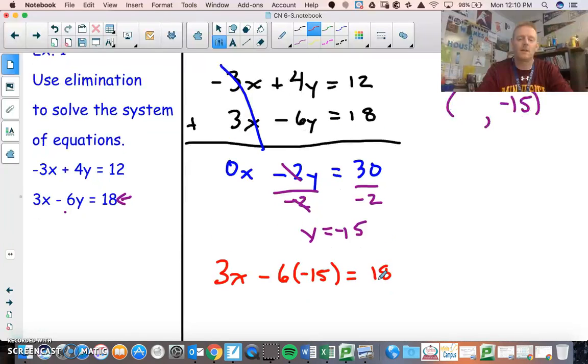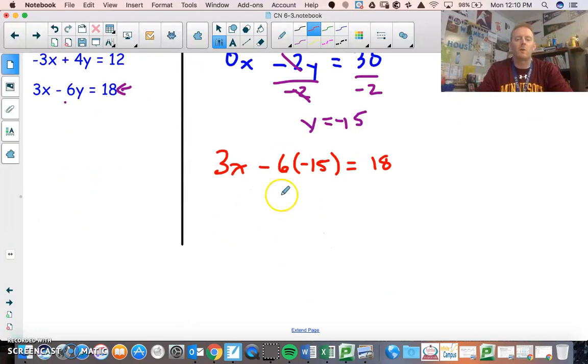A negative 6 times a negative 15, I get my trusty calculator ready because I want to double check. It's basically 6 times 15, but they're both negative, so it's positive, and we get the answer of 90.